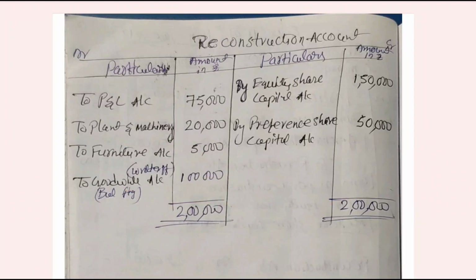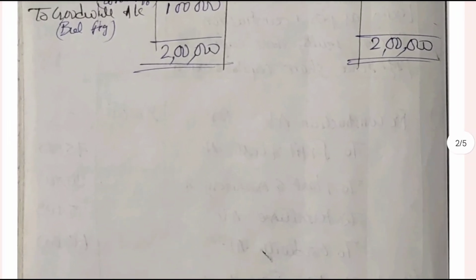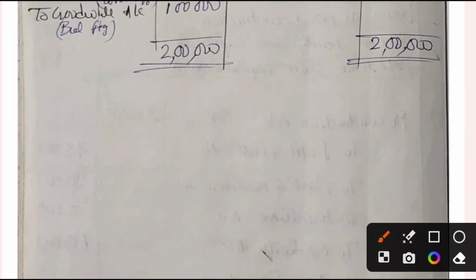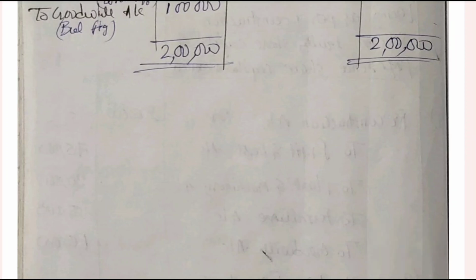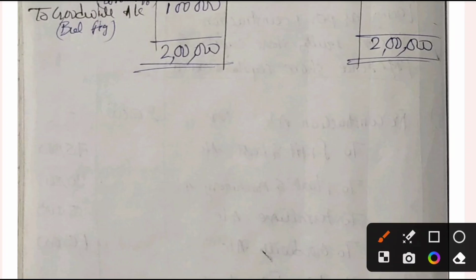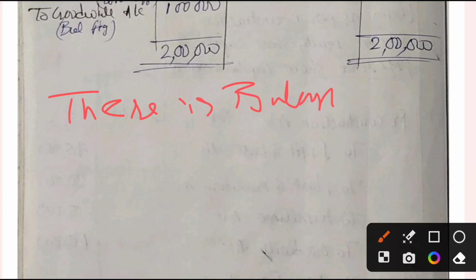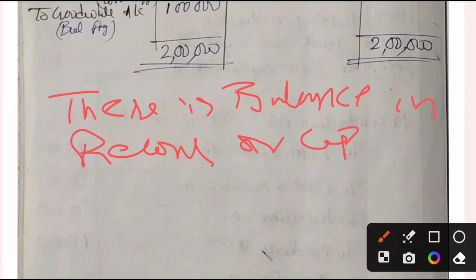Here ends the answer. One more important point I want to tell you all is that, see, in this question they said balance you use for writing off goodwill. If nothing like that is said, and there is a balance in reconstruction or capital reduction account, understand the handwriting. Reconstruction or capital reduction account, balance is there.